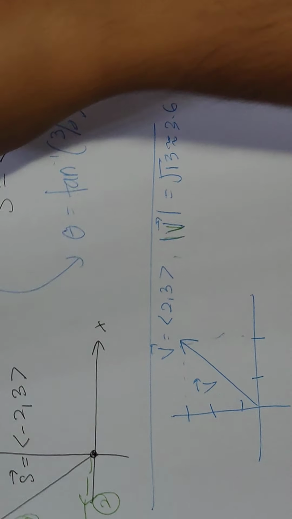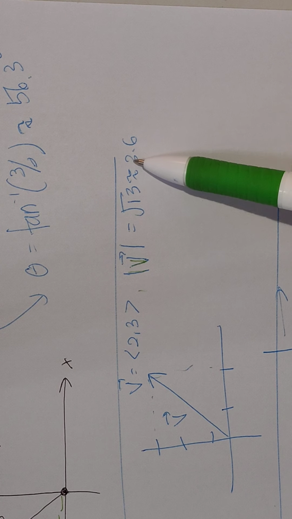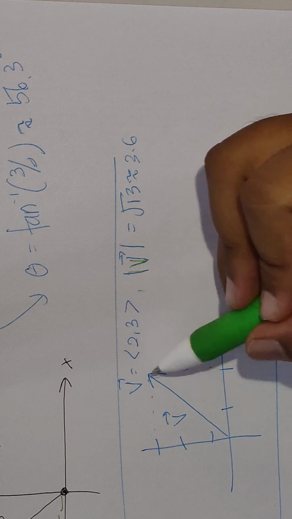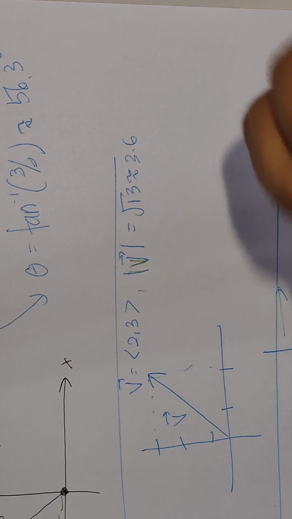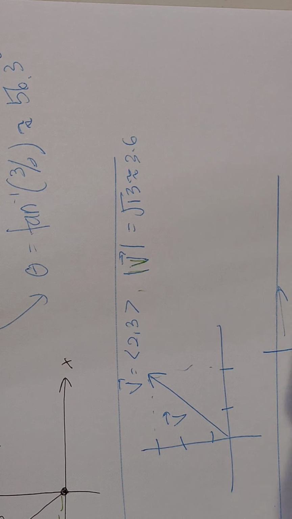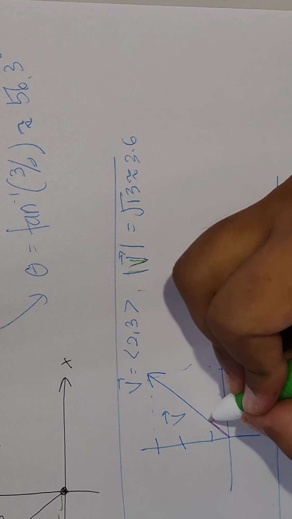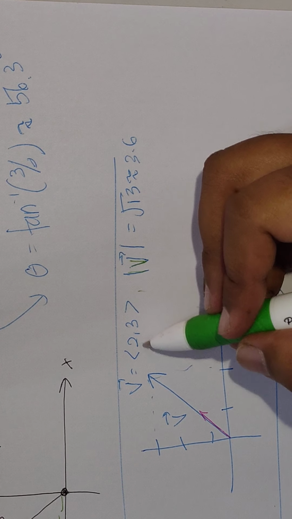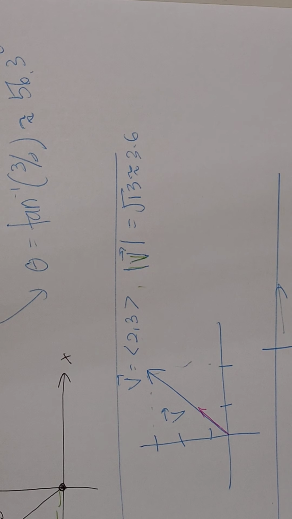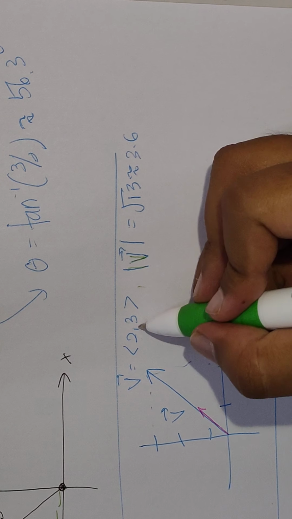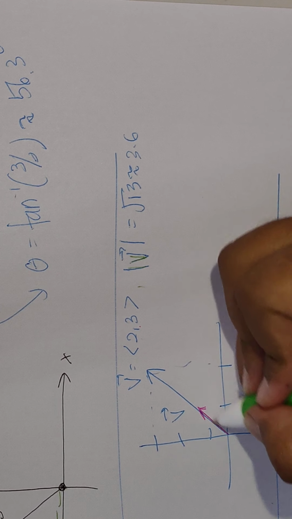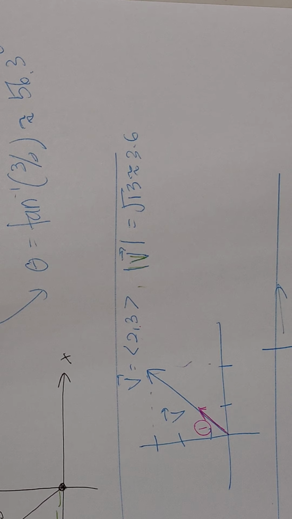Therefore, the magnitude of this vector is 3.6, it's not 1. How about if the magnitude is 1? Then the vector will be approximately this long, right? Logically, we will have shorter components. Then how do we find the components that will give us a vector with magnitude 1?